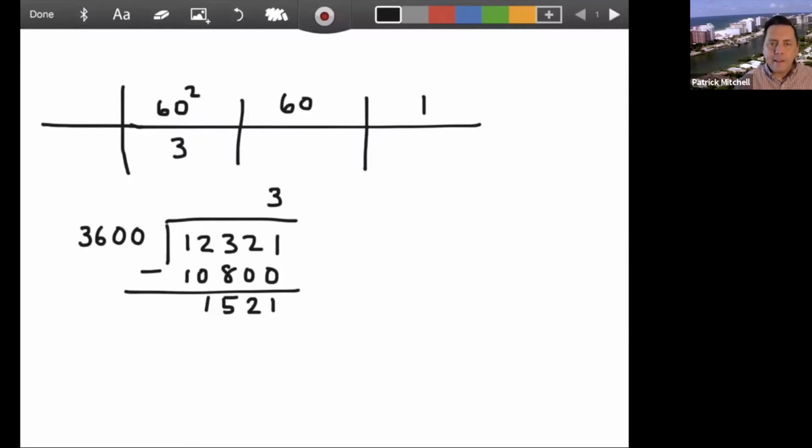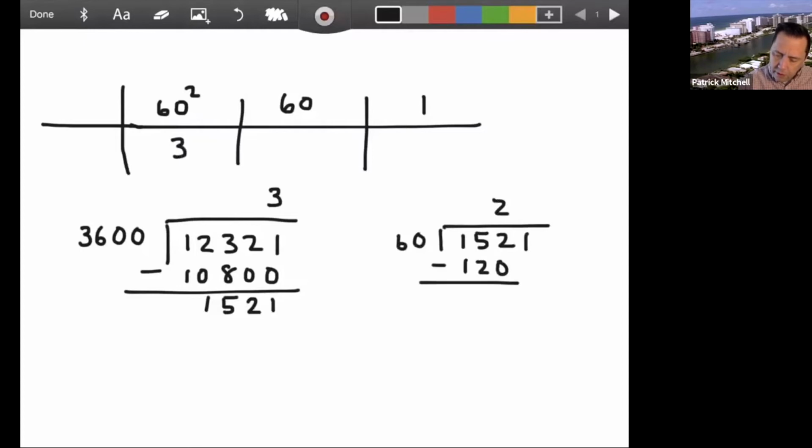All right, next I need to know how many times does 60 go into 1,521. Well, 60 goes into 152 2 times. 2 times 60 is 120. 152 minus 120 is 32. Bring down the 1. 60 goes into 321 5 times.